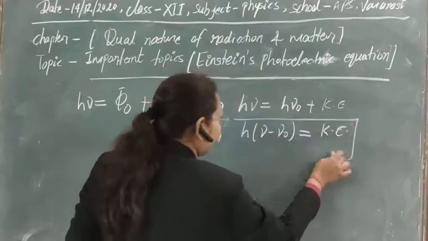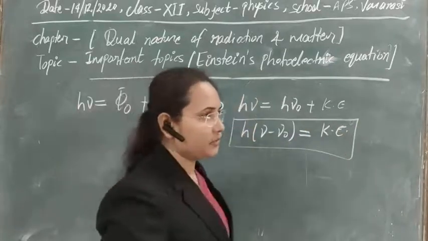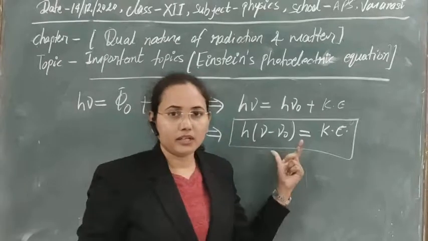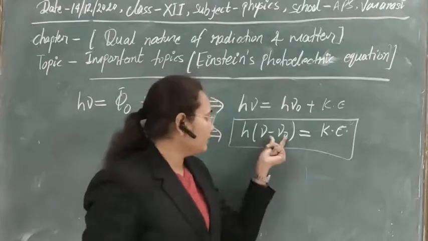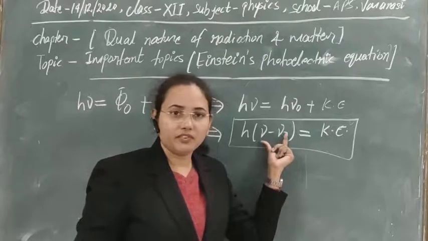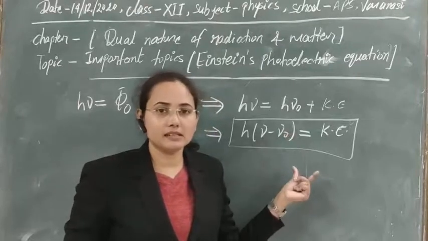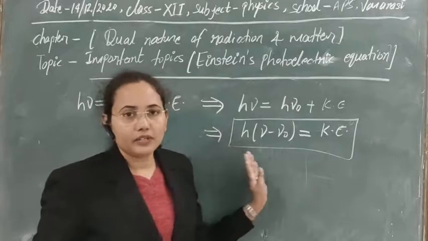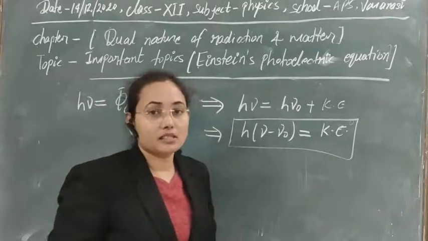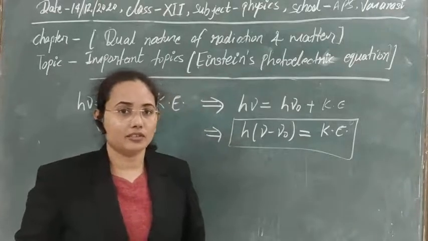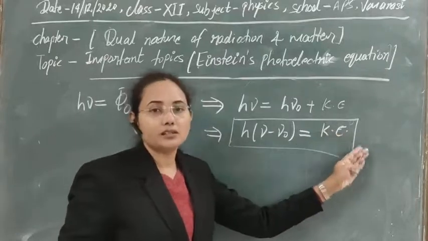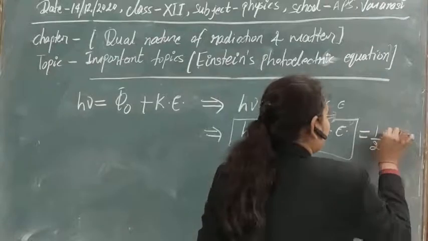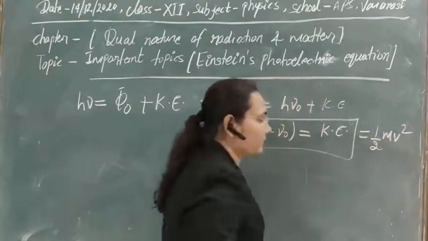So we can calculate the kinetic energy of the ejected photoelectron with the help of this expression if we already know the frequency of incident radiation and the threshold frequency for that radiation. If we know that, then we can calculate the kinetic energy of the ejected electron. You can also calculate the velocity of the ejected electron with the help of this.